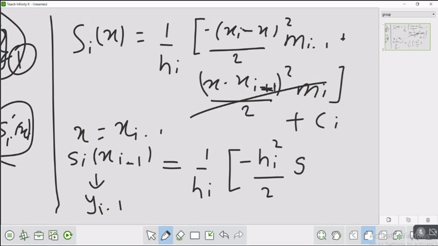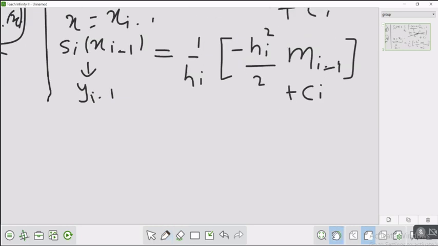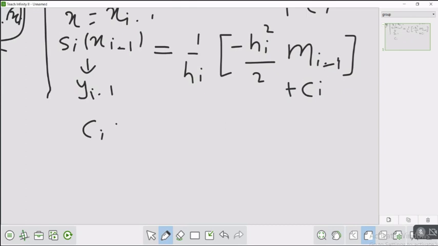And I'm writing m as m because we don't know what m is, plus ci. So what should ci be then? Ci should be yi minus 1 plus hi divided by 2 times mi minus 1. We'll put that ci in equation 1 again, in the integrated part, not equation 1.